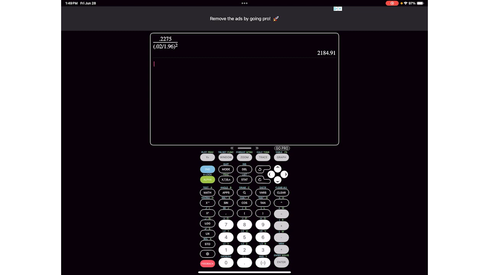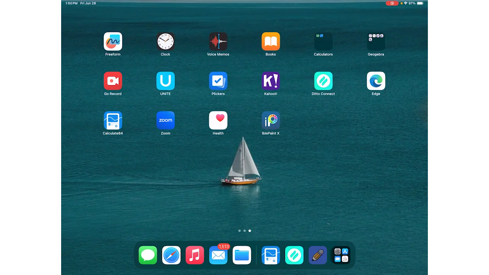2184.91. You always round up 1, to make up for any rounding errors that could occur. So 2184.9 is going to round up to 2185. So always go up 1.